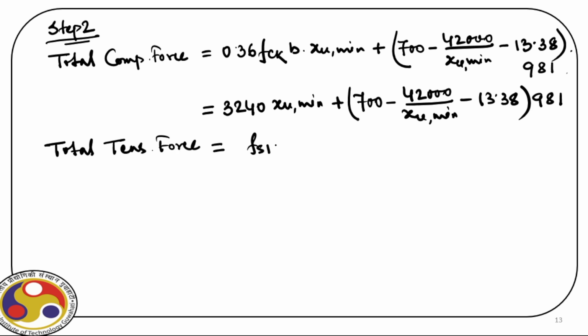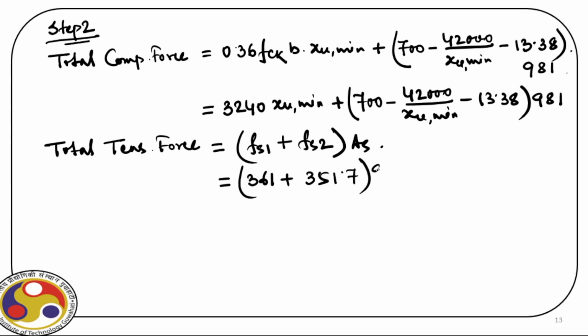Then total tensile force is equal to Fs1 plus Fs2 times S. So this is (361 plus 351.7) times 981. So this is equal to 699,595 Newton. Now we can equate these two.